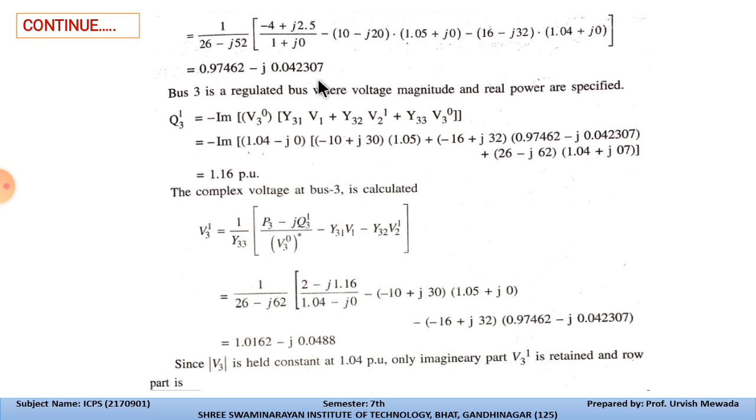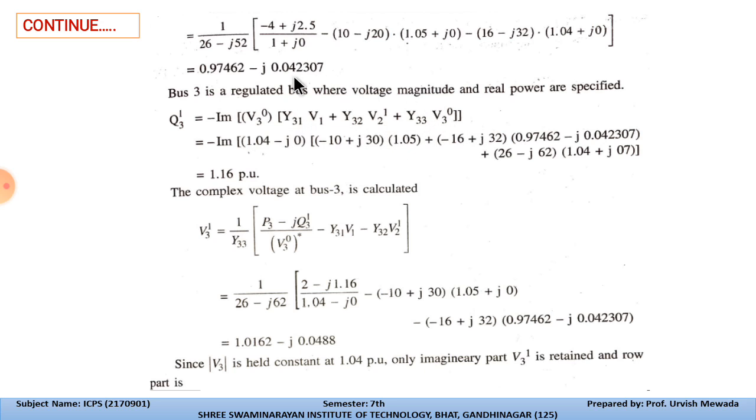Bus 3 is a regulated bus where voltage magnitude and real power are specified, which we already discussed in the data given section. So Q3 1 will be minus Im of V3 0 into bracket Y31 V1 plus Y32 V2 dash plus Y33 V3 0.